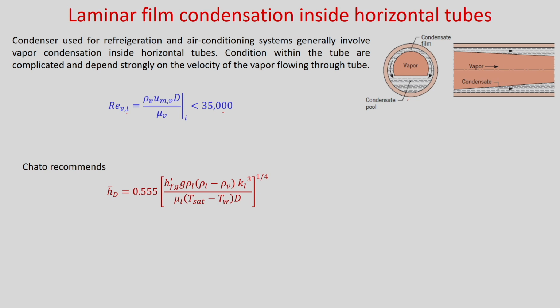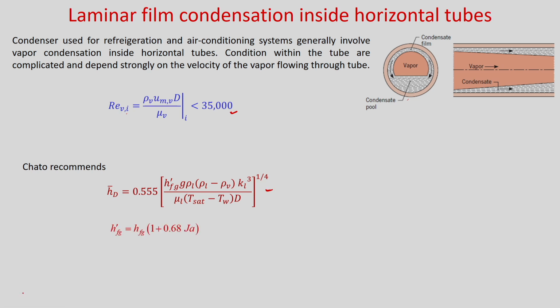Okay. So, if it is less than 35,000, then Chato recommends h bar d as 0.555 into [h prime fg g rho_L (rho_L minus rho_v) k_L cubed divided by mu_L (T_sat minus T_w) d] to the power 1/4. Okay.